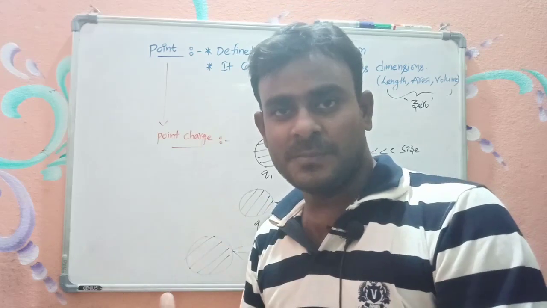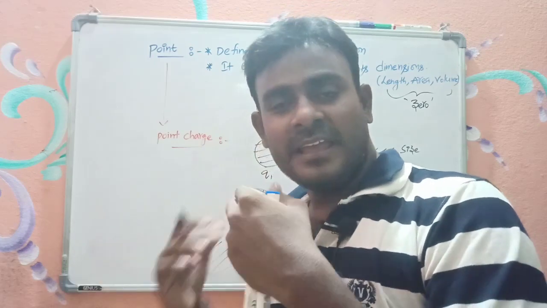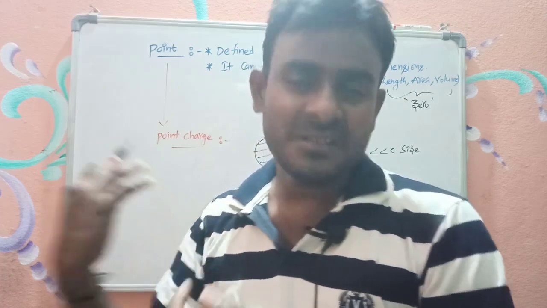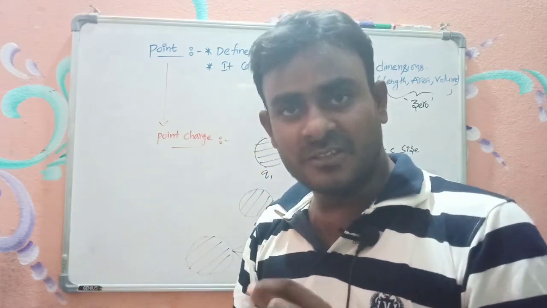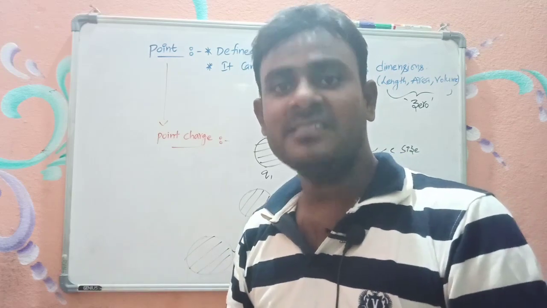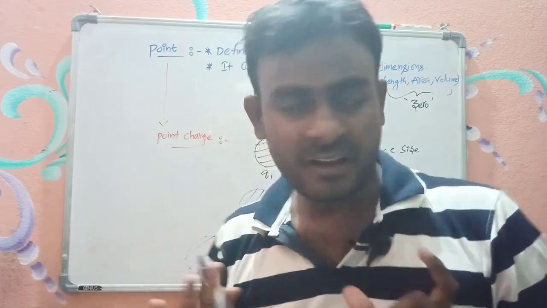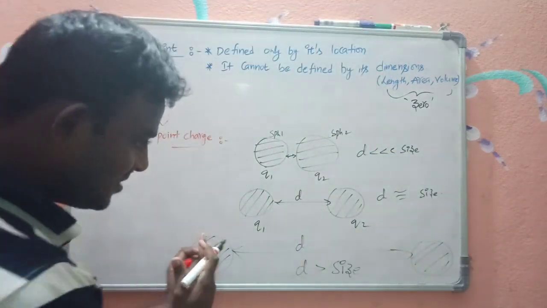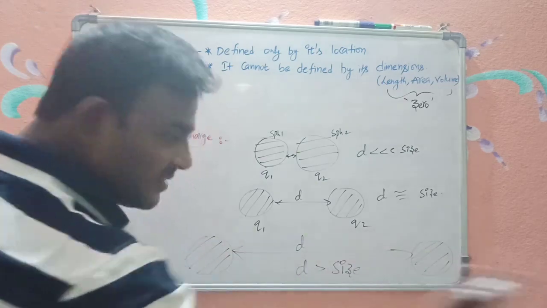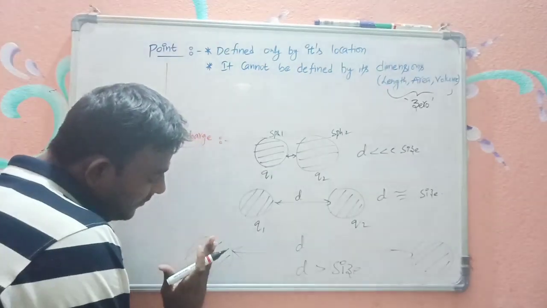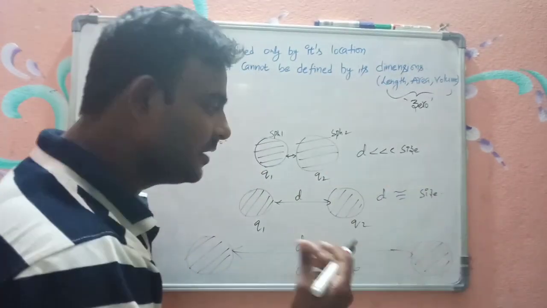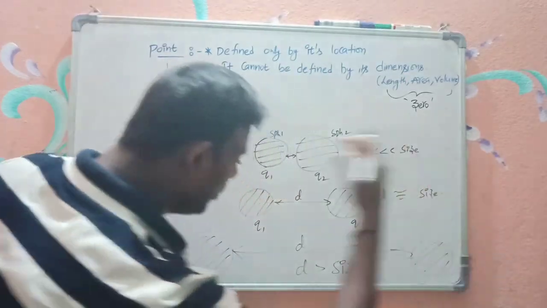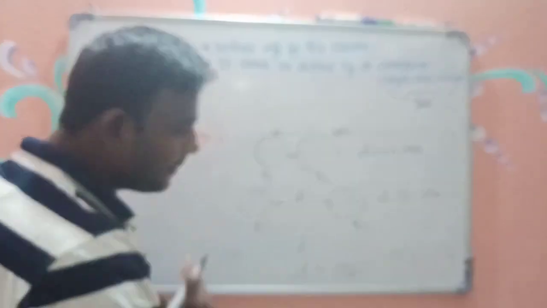If the distance between these two spheres is very much higher when compared to the sizes of the spheres, then also we can consider them as point charges, right? When the distance between the two spheres is very large, this sphere looks like a point, and if you look at this sphere from here, it also looks like a point.